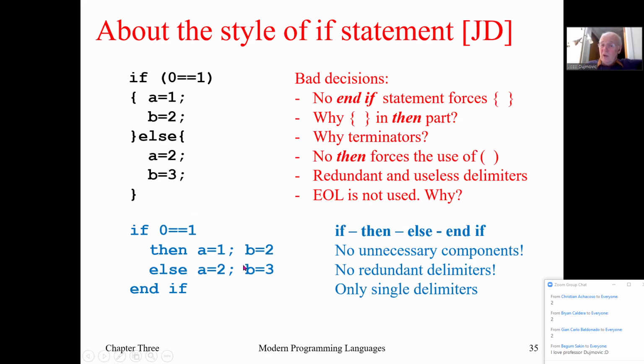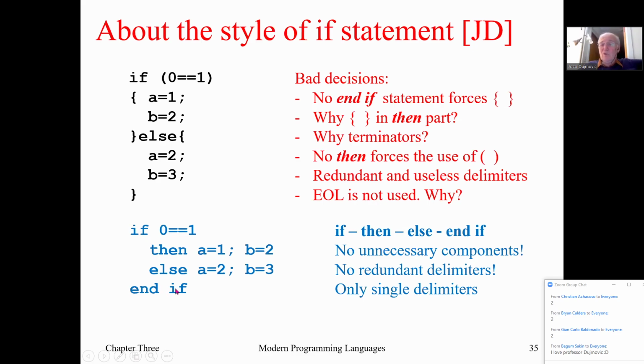Here, you have semicolon, but only if you separate A is 1 and B is 2. So this is the separator. This is not the terminator. Because after this B is 2 comes the keyword else. And this is separation between this expression and else, because this is word delimiter. Word delimiter is if, then, else, and end if.